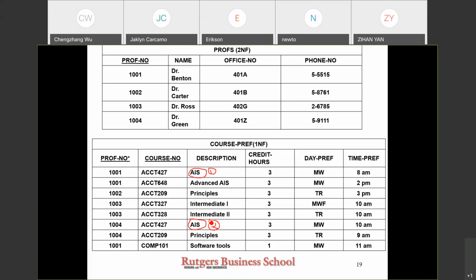To understand why these anomalies occur, let's consider the structure of this course preference table in detail. The primary key in this table comprises the professor number and course number.